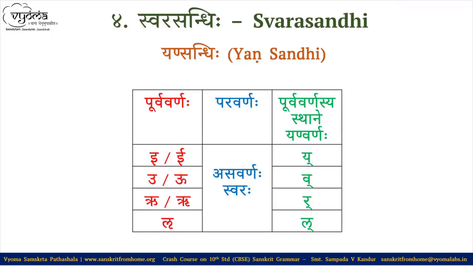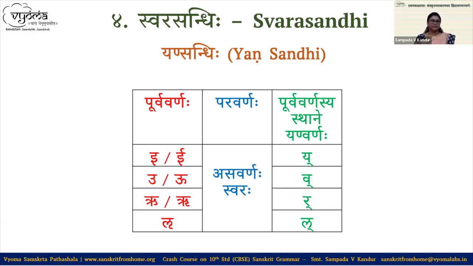It does not replace Paravarnaha. You should say I or I changes to Ya. Listen. I or I changes to Ya. U or U changes to Va. Ru or Ru changes to Ra. Lu changes to La. Very good.